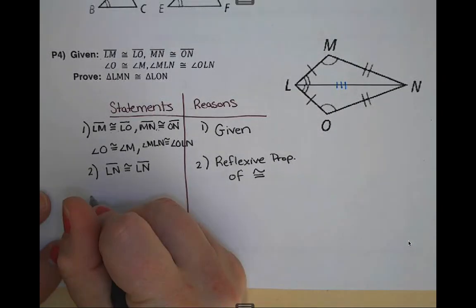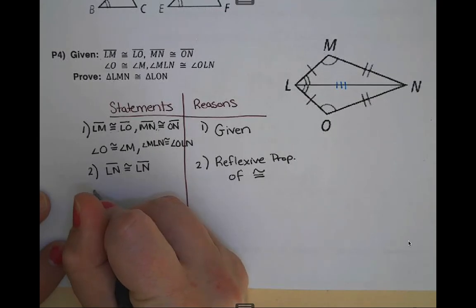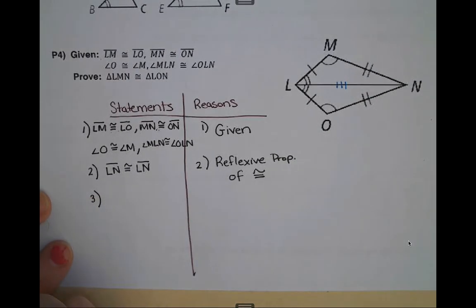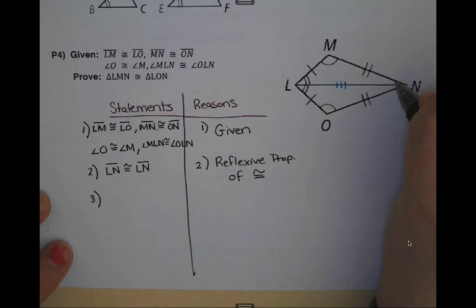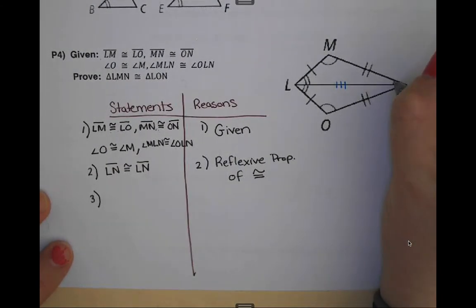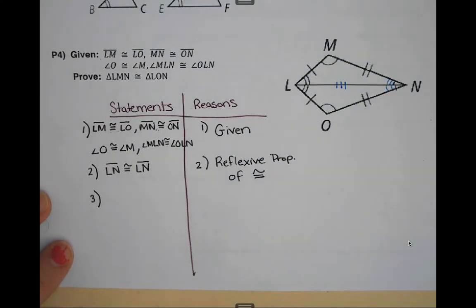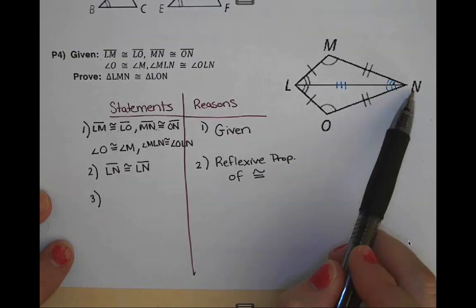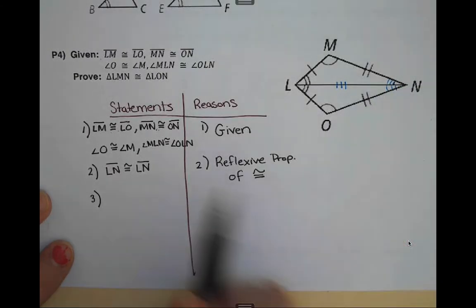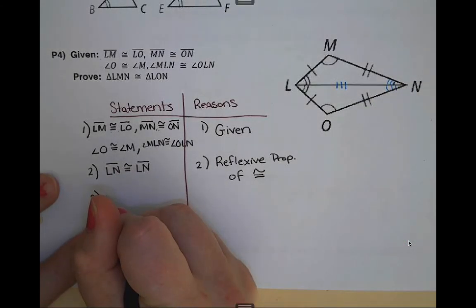I also need to show that a third angle is congruent, right? And that would be, I'm going to mark them in a different color, right? 3 slashes, little arcs surrounding this vertex at N, right? So I do need to name this with 3 letters.